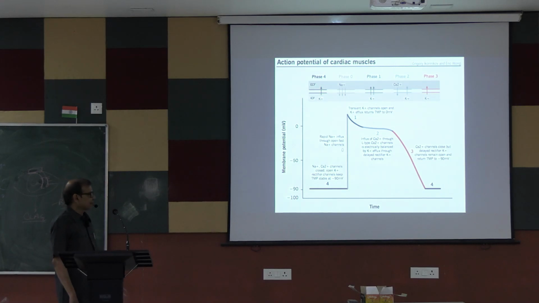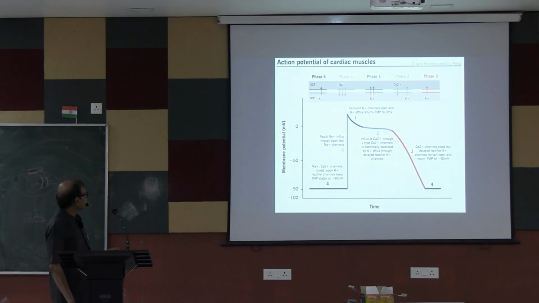Phase 1, transient opening of the potassium channel has a tendency to revert the transmembrane potential toward 0.